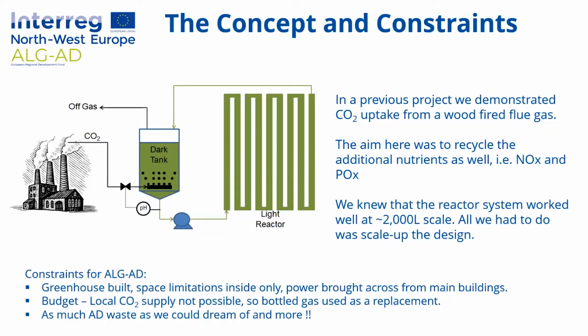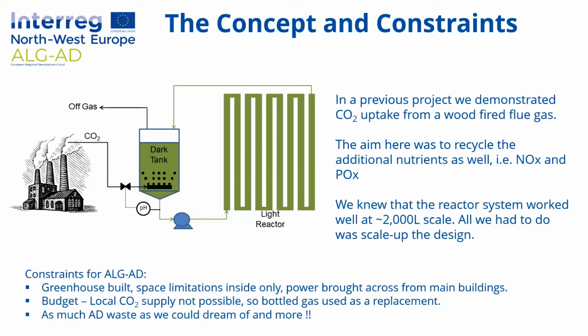So in terms of the constraints of the ALG-AD project specifically, we already had a greenhouse in place which we could site our reactor within. So obviously we had to work within the space limitations of the current greenhouse. And also within the greenhouse itself, when we initiated the project, there was no power in there. So we had to bring power across from local buildings in order to power our system.